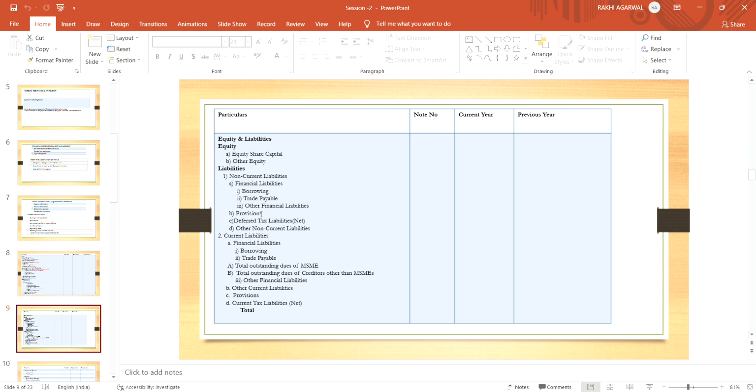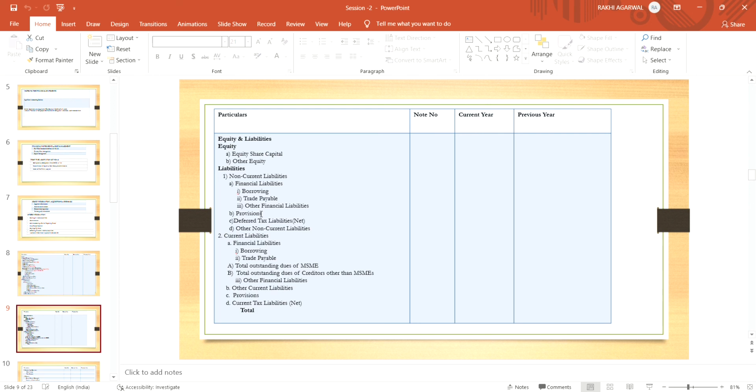Liability is bifurcated into two parts, that is non-current and current: non-current liabilities and current liabilities. Under non-current, there is financial liability, provision, deferred tax liabilities, other non-current liabilities. Under financial liabilities, there is borrowing, trade payable, other financial liability. Then comes current liability.